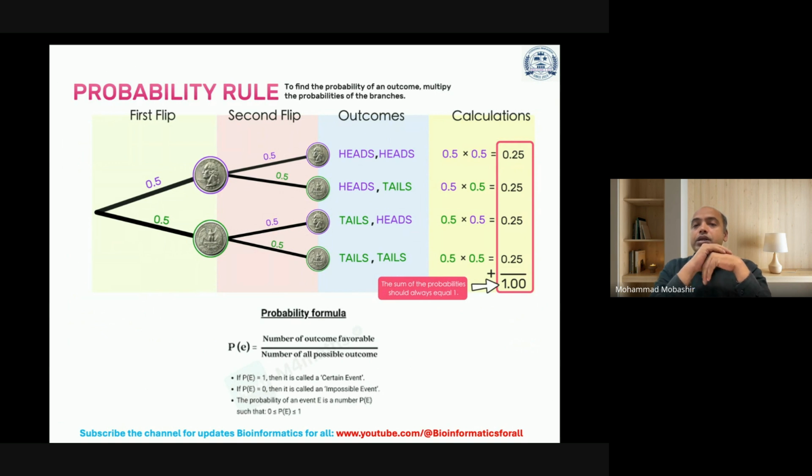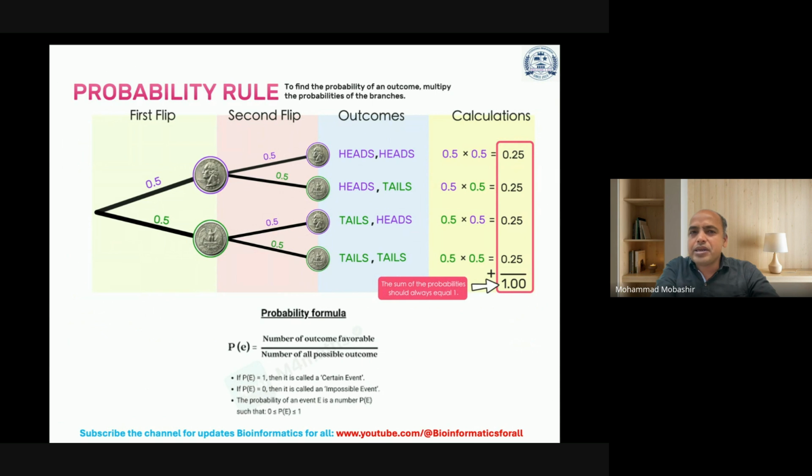In general, if you sum it up, 0.5 plus 0.5, how much is the overall sum of the probabilities? In general, the overall probability after summing it up must be equal to 1. So this is how you could continue to understand probability.